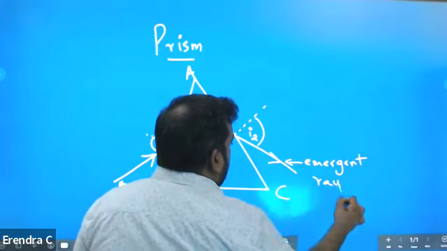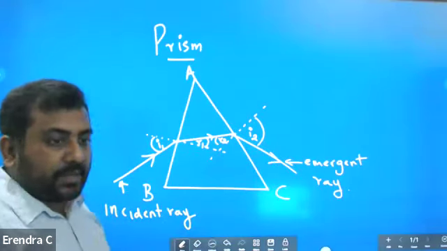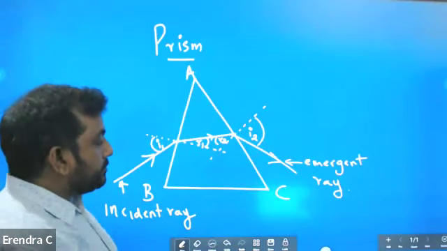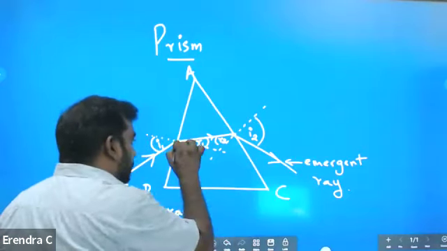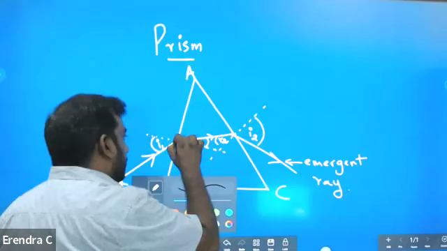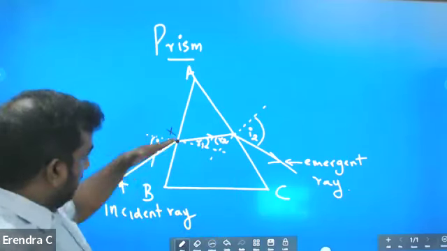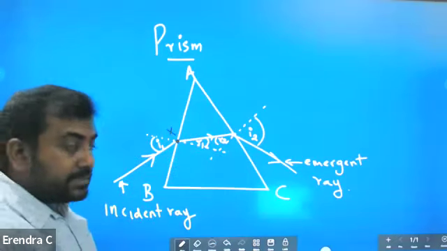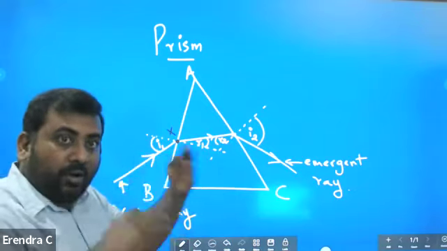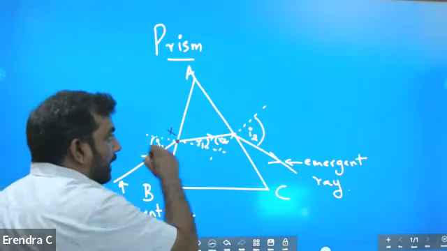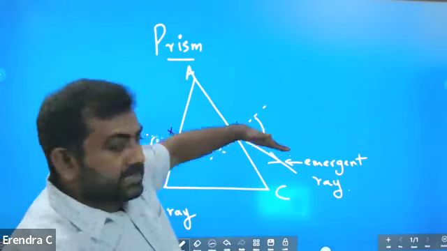Now look at this carefully. At this point, X, which I'll mark in black, a deviation is taking place. The light ray travels on, and here, at Y, deviation takes place. There's a bending or changing of the path.